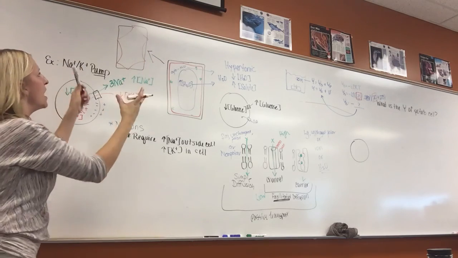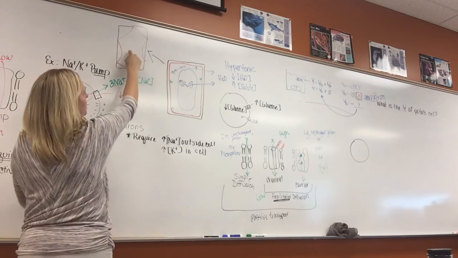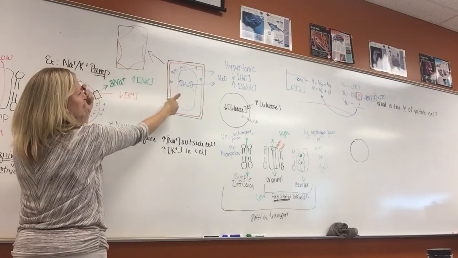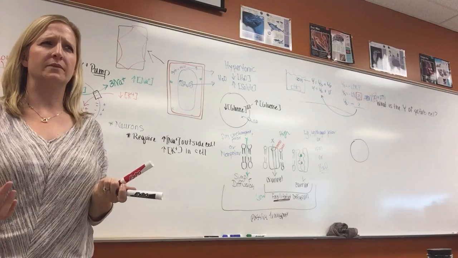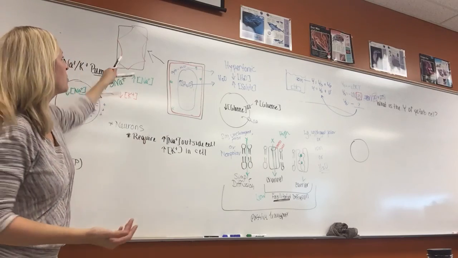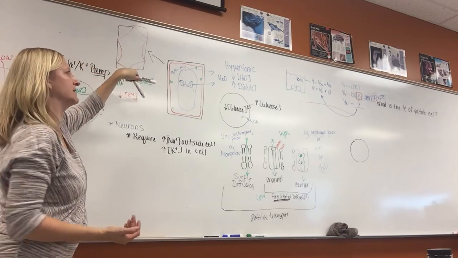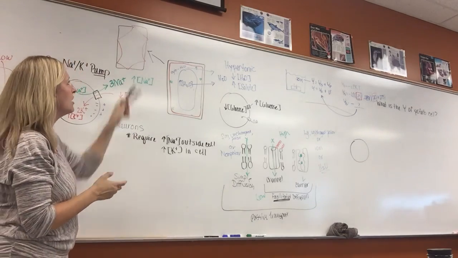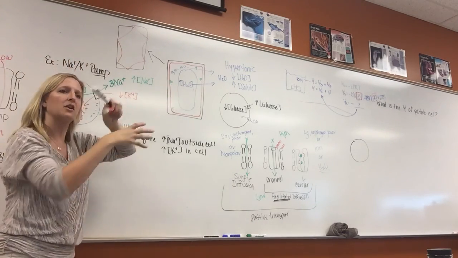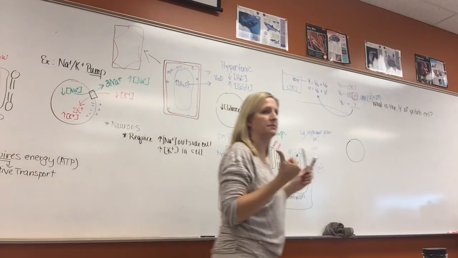That's because there's less water inside pushing the cell membrane against the cell wall. Does that make sense? That process is called plasmolysis. So it's the membrane shrinking away from the cell wall because there's less water putting pressure and pushing it against it.